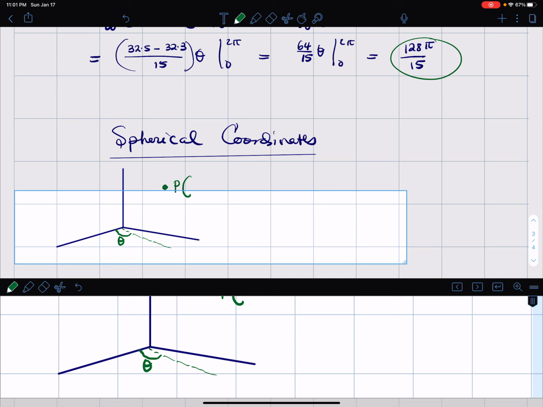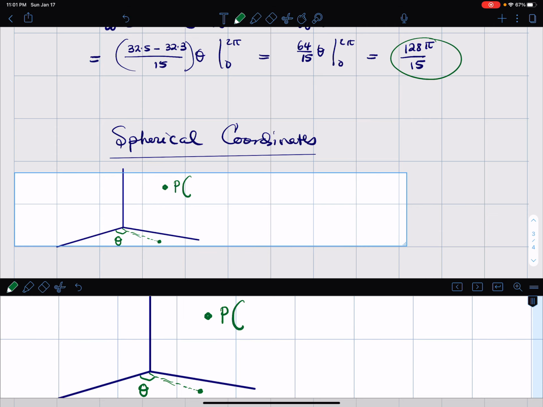Assuming this is where P lives and gets projected up there, it makes an angle of theta.